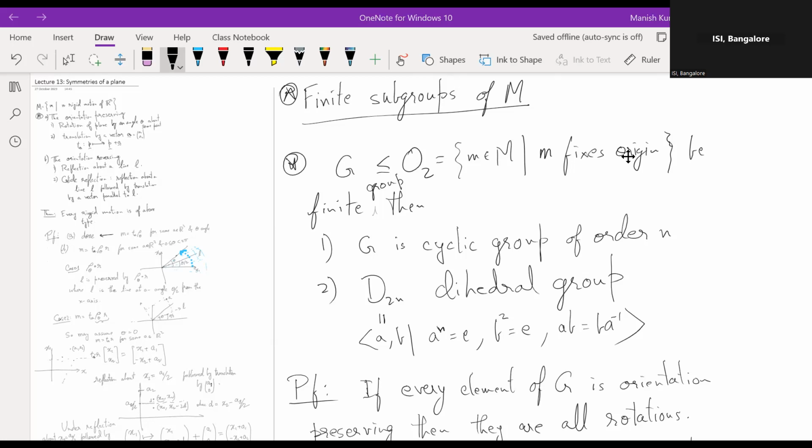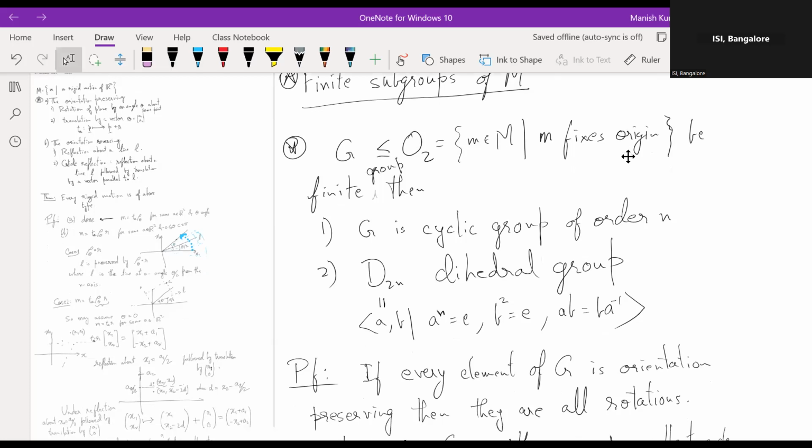Okay. So I suppose you know what the dihedral group is. It's the symmetries of an n-gon. If you look at the symmetries of a regular polygon with n sides, that is what D2n is.